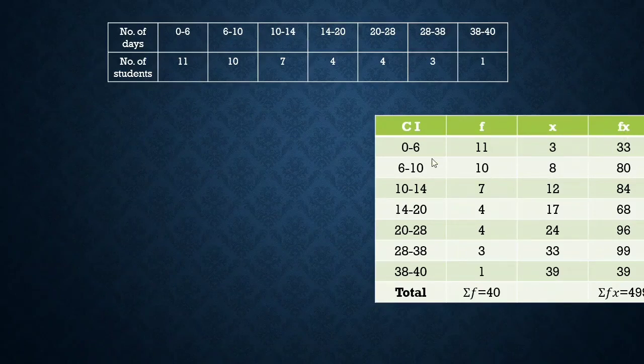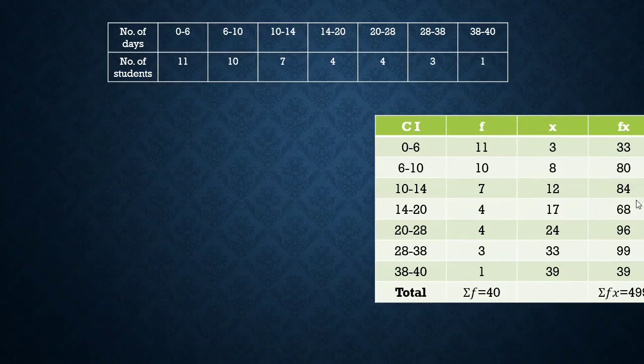So on multiplying the frequencies and class marks we will get fx. 11 3s are 33, 10 8s are 80, 7 12s are 84, 4 17s are 68, 4 24s are 96, 3 33s are 99 and 1 into 39, 39.